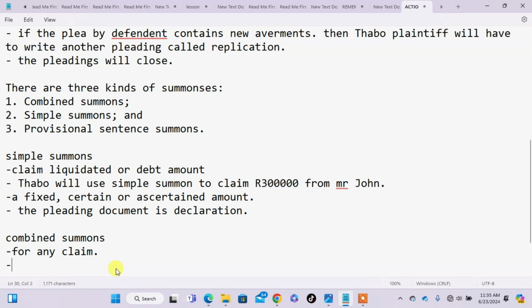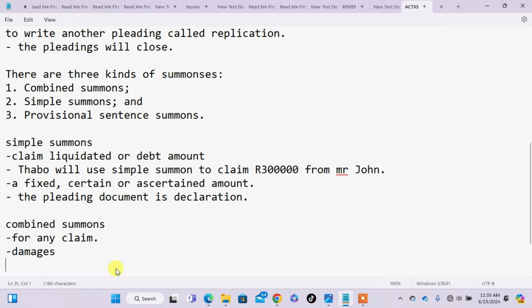Combined summon can be used to claim damages because the court has to figure out how much. Combined summon is used when there is a dispute of amount claimed.